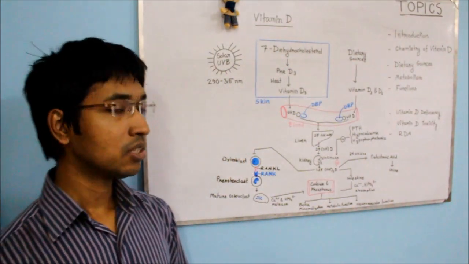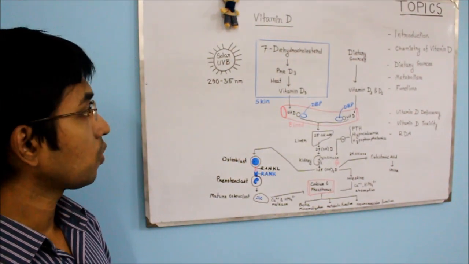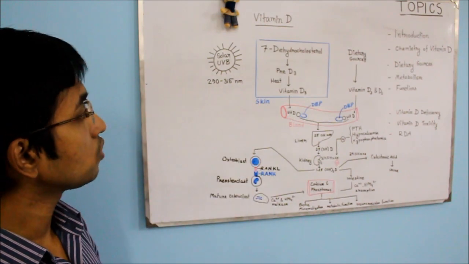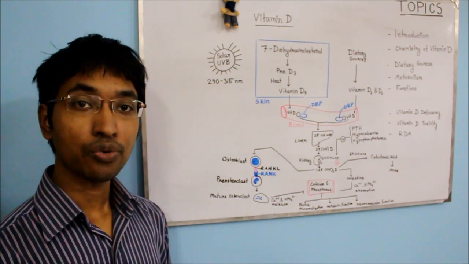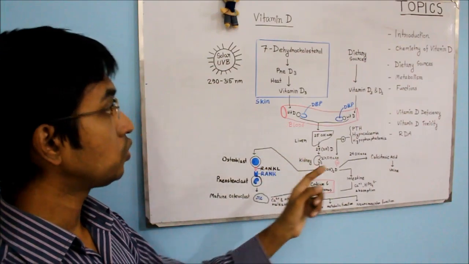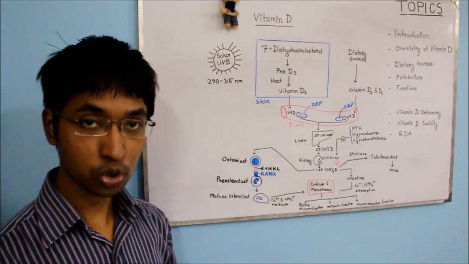So what did we see in the flowchart? Notice on the top part of the flowchart that we can get vitamin D from both endogenous as well as exogenous sources.